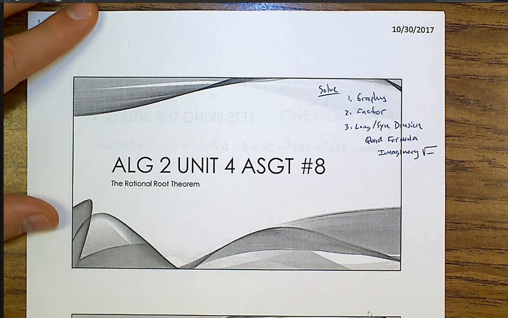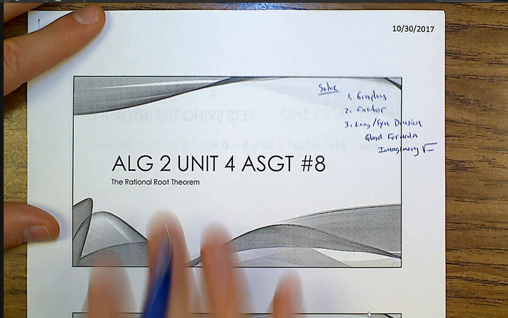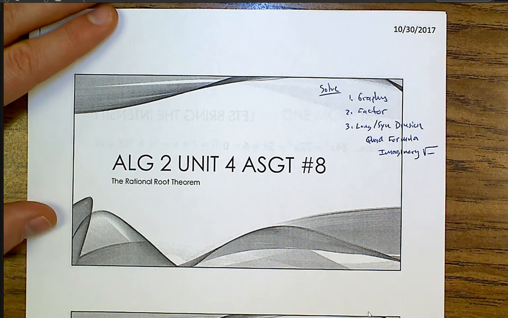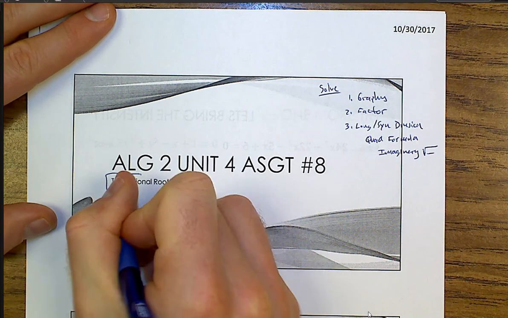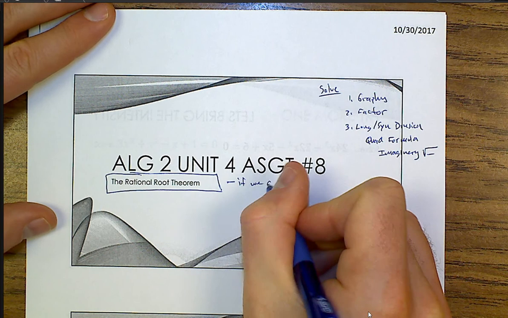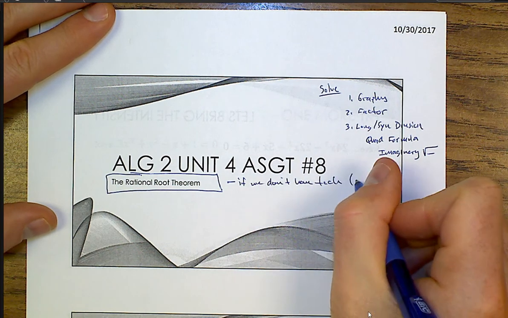So you may be wondering, maybe you're not, what is the rational root theorem and why did mathematicians decide to use it? The reason we use it is if we don't have technology or the graphing calculator.